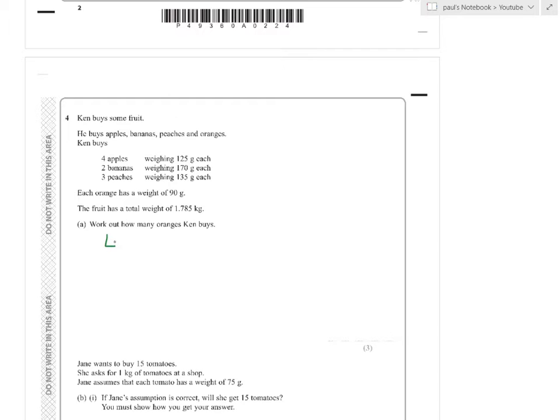For the apples, we're going to do 4 times 125, which is 500 grams. For the bananas, we're going to go 2 times 170, which is 340. And for the peaches, 3 times 135, which is 405.